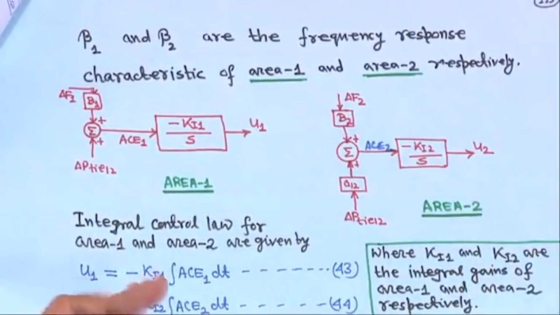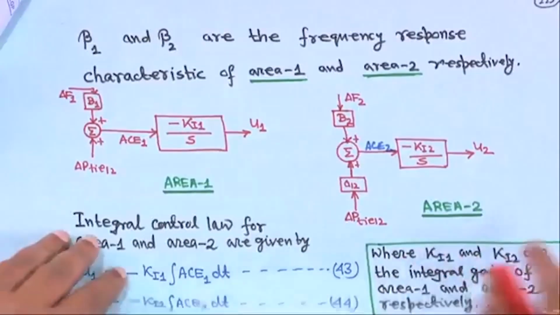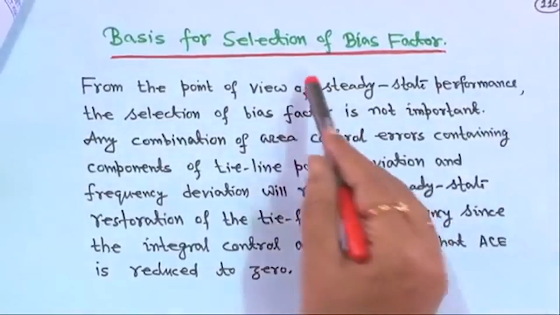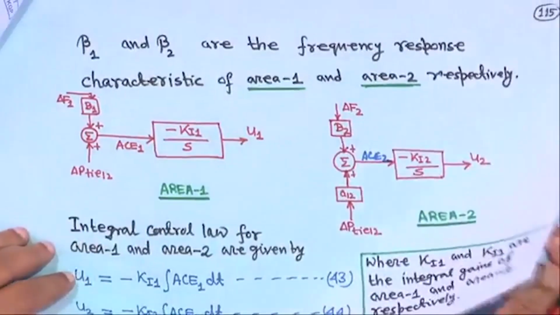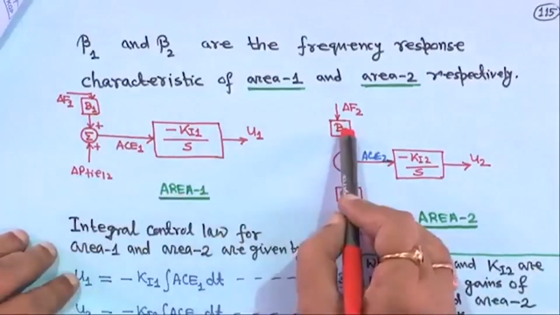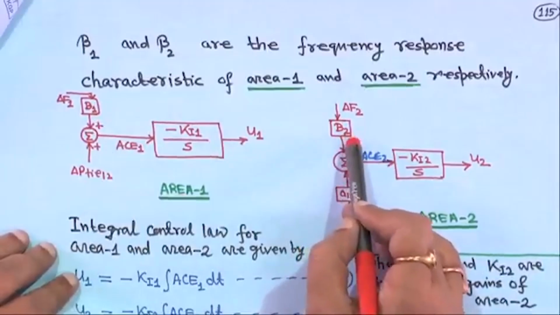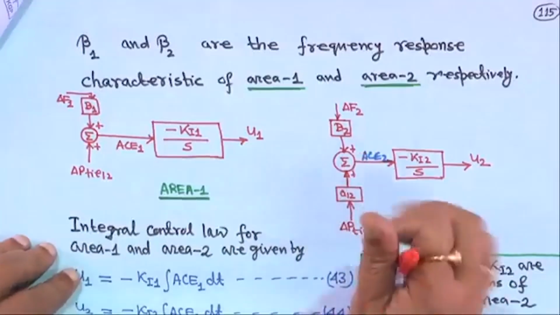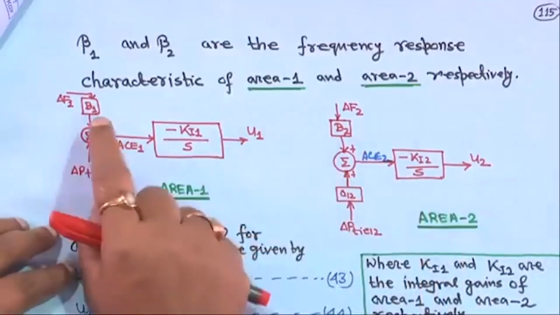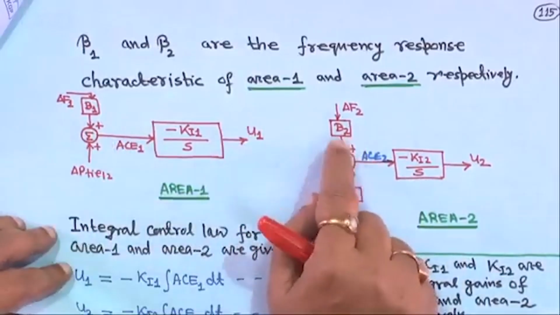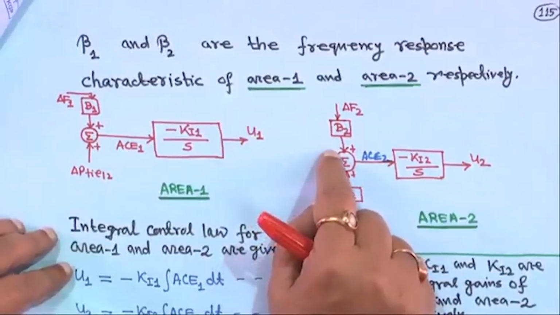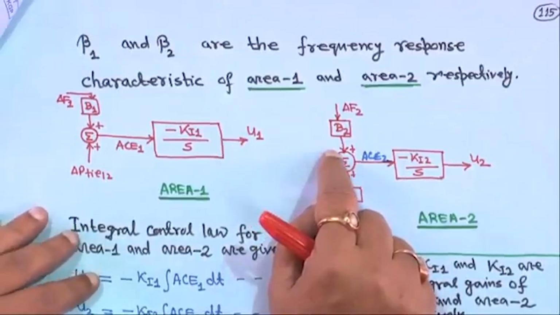So, all these things for area 1 and area 2 I showed. Now, next is the basis of our selection of the bias factors B1 and B2; there should be some criteria for selecting them. Before proceeding further, I can tell you that B1, B2, or in general the B value, the frequency bias, cannot be less than beta.